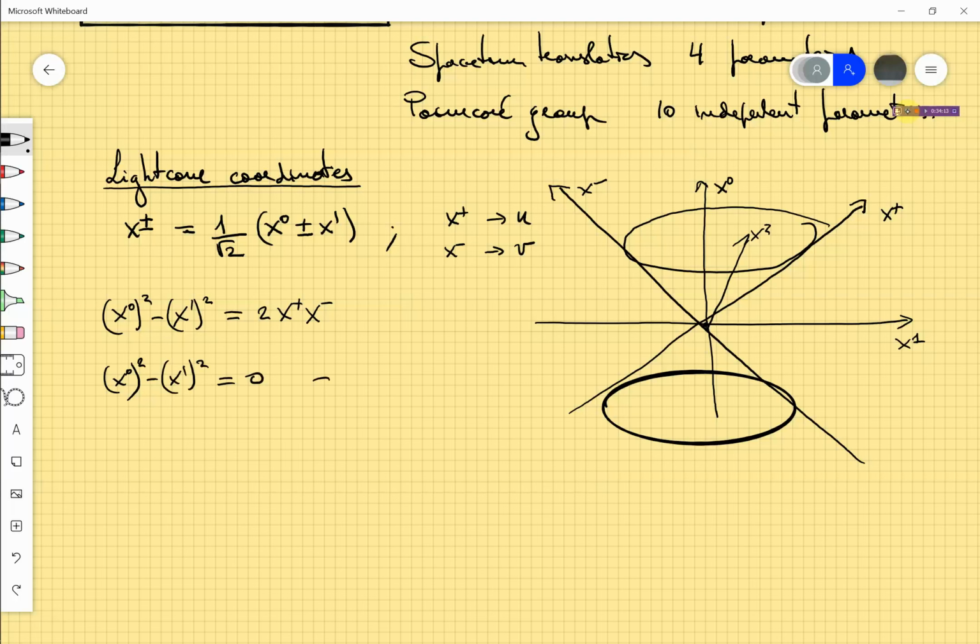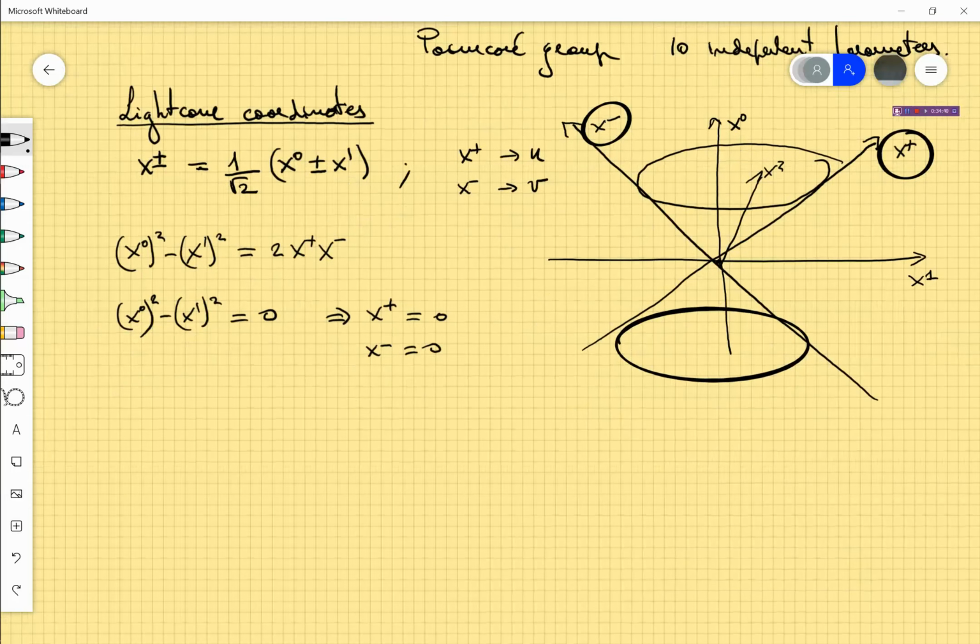This means, with these definitions, that it is either x plus equal to 0 or x minus equal to 0 or both. So x plus equal to 0 corresponds to the axis x minus, x minus equal to 0 corresponds to the x plus axis, and they cross at the point at which both are 0, which is at the origin.